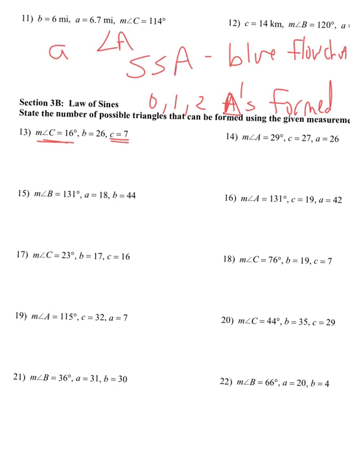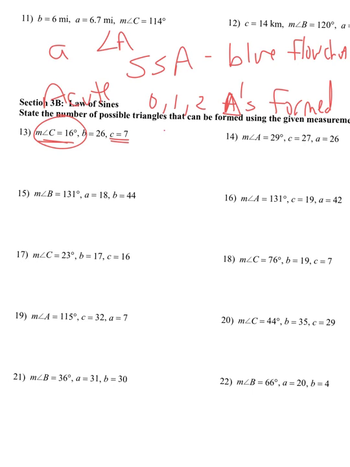So what we want to look at is we're given angle C is 16, side C is 7. You want to look at the given angle and answer at the top of that flow chart: is it obtuse or is it acute? This is obviously an acute angle, so we're going to look down the acute side.